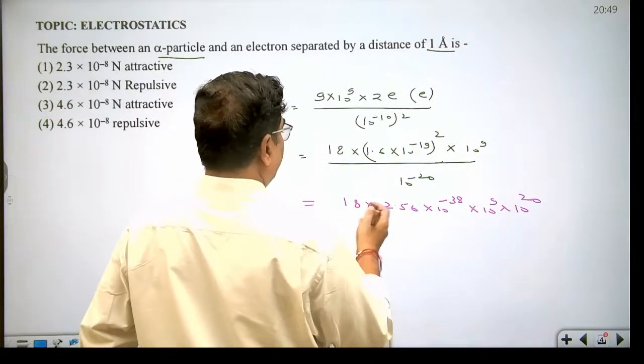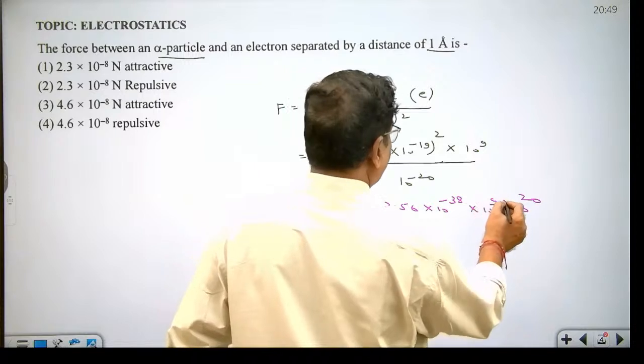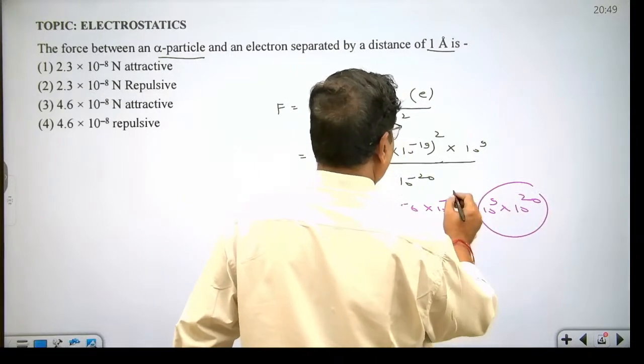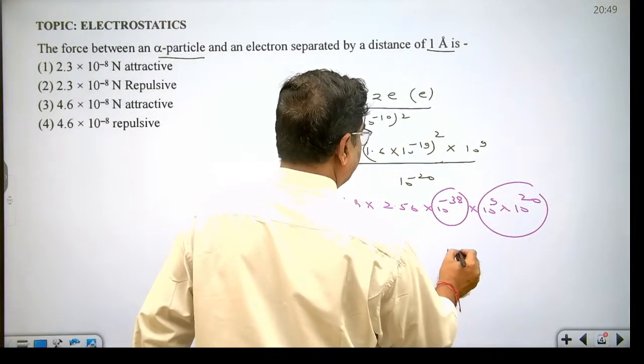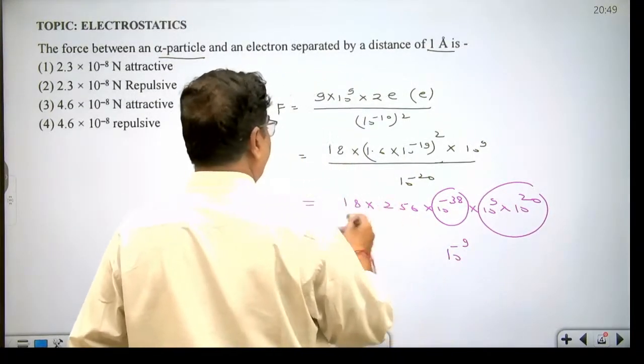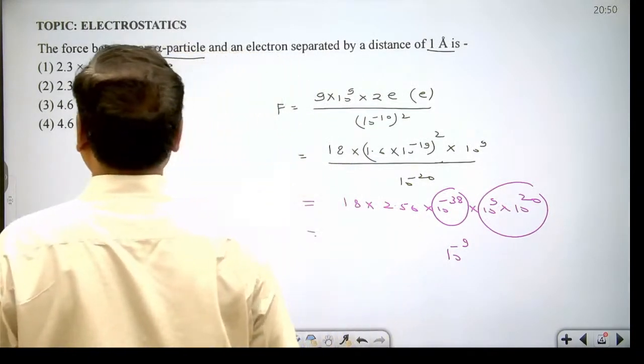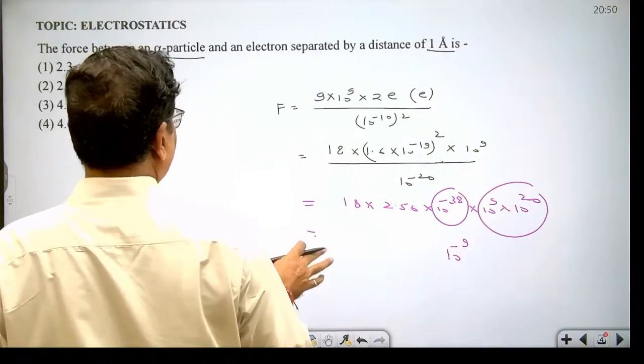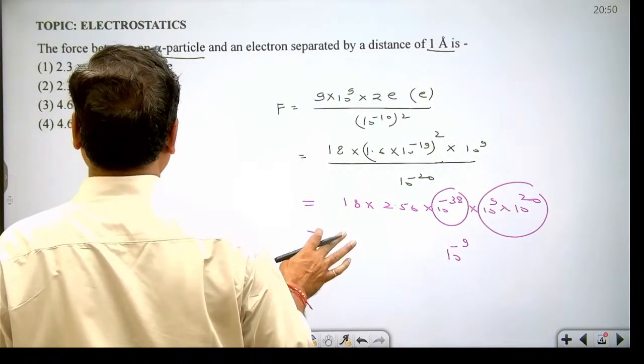Approximately, this is 20 into 2, 40. The powers: 29, and this is 38, so 29 minus 38 means minus 9. 18 into 2, approximately 40. 40 × 10^-9 means 4 × 10^-8.